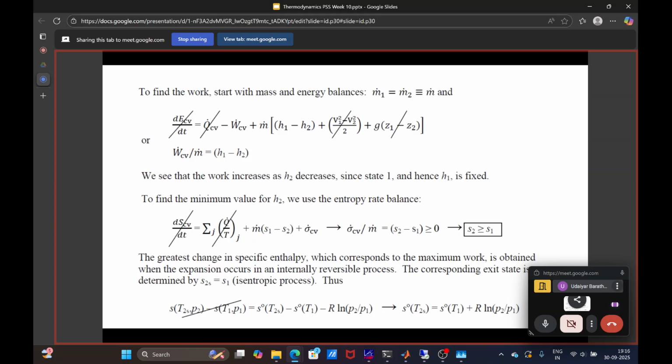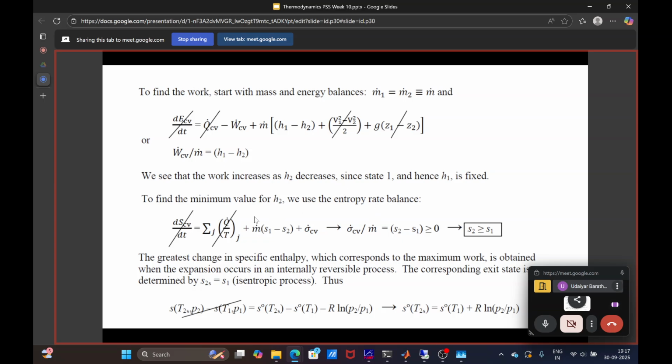The maximum work is generated at the minimum entropy production, and that can be shown from the entropy rate balance. So we get dS by dt equals summation of Q by T plus m(s1 minus s2) plus sigma. This is the entropy balance. Q by T is 0 because there is no heat transfer, an adiabatic process, and since it is steady state, dS by dt is also 0.